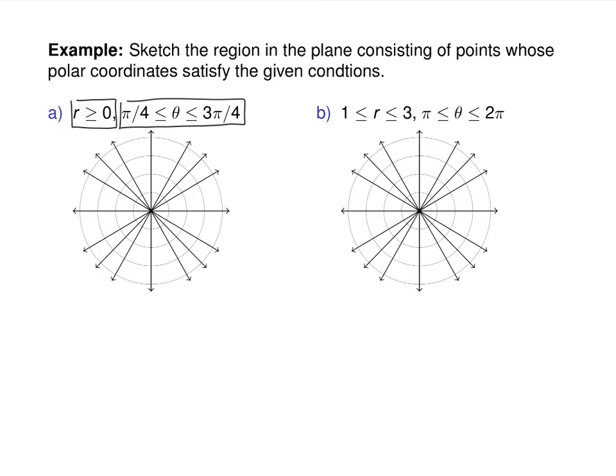So pi quarters is this ray here, and since I have an or equal to on the boundary, that will be a solid line. 3 pi quarters is over here, and r being bigger than 0 means we want all the things that are a positive distance away from the origin within these angles, and that's all this stuff here.